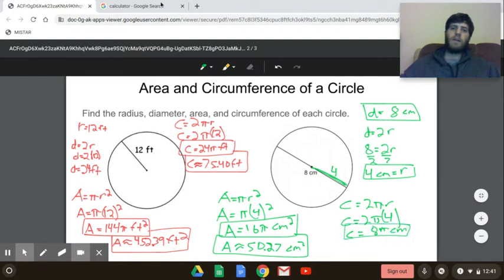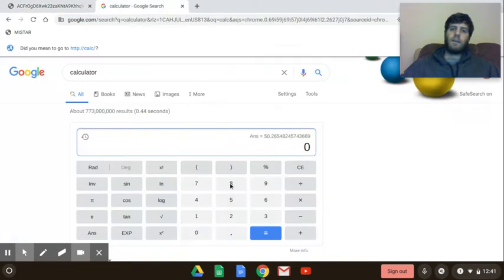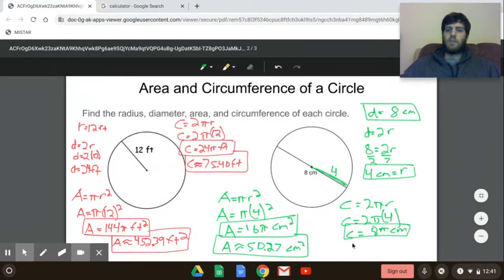Or you can put it in the calculator, and we can do 8 times pi, which is going to be 25.13 centimeters. So the circumference is approximately 25.13 centimeters.